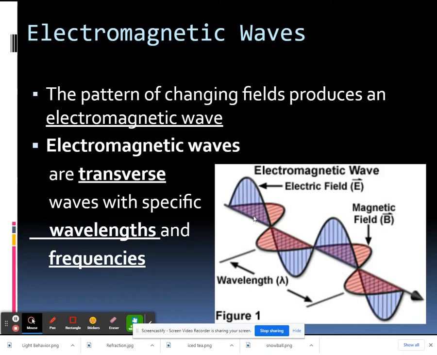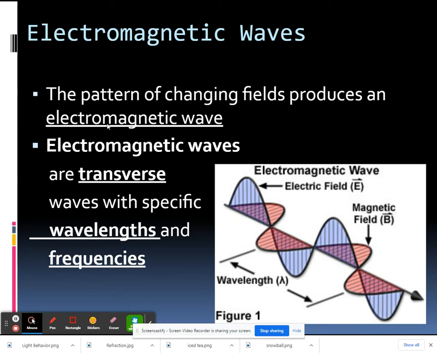There's a synergy there, an almost miraculous ability for these two things to power each other. It's this pattern of changing fields that produces an electromagnetic wave, and it's very dependent on electric fields and magnetic fields simultaneously.